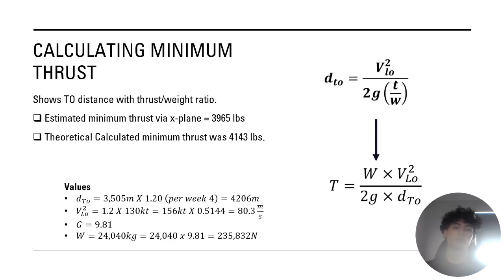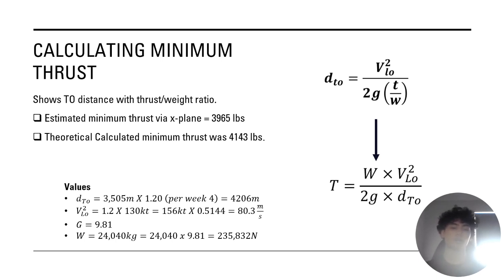On this slide, we're looking at the takeoff distance equation from week 7. This equation takeoff distance depends on liftoff speed, gravity, and the thrust to weight ratio. By rearranging this equation, we can solve directly for the minimum thrust required using the CRJ200 at maximum takeoff weight with a liftoff speed of 1.2 times stall speed and Brisbane's available runway length.